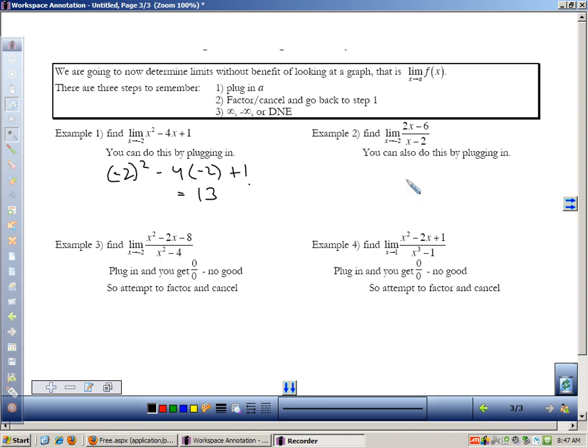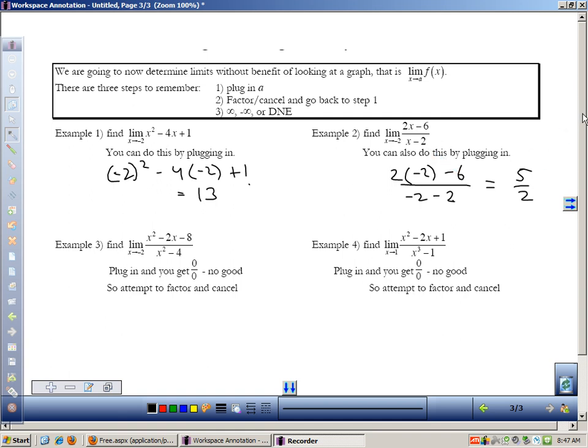So we just plug in 2 times -2 minus 6 over -2 minus 2, and we get a fraction we can reduce to 5/2. So this one doesn't give us a problem.